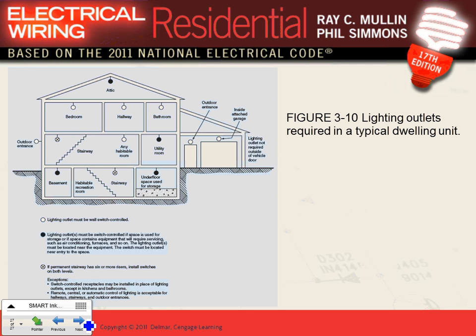Remember, outside in the back, we have a receptacle required by code in a house. If you have the receptacle there, then you don't have to add another. So one receptacle can do two functions: be the outside receptacle in the back and, at the same time, a maintenance receptacle for the air conditioning.